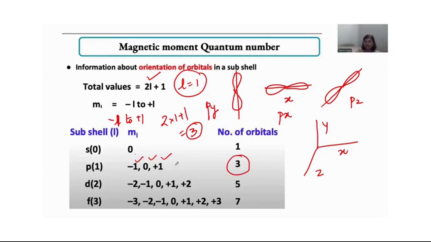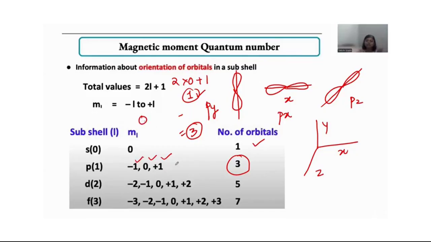Well, let's say s. We know that for the s subshell, l is equal to 0. So we put 0 here. So the total value will be 2 into 0 plus 1, that is 1 only, right? So it has one orbital, and it ranges from minus l to plus l, which is 0.